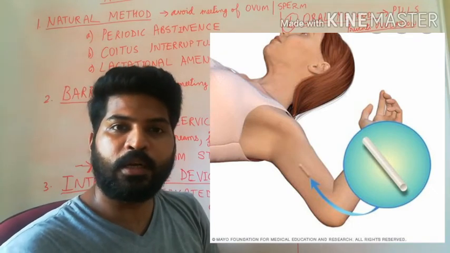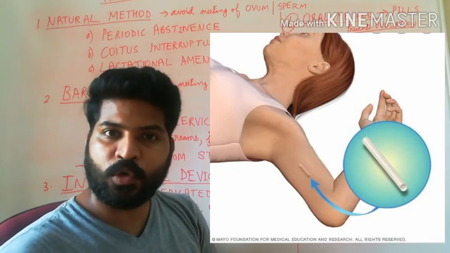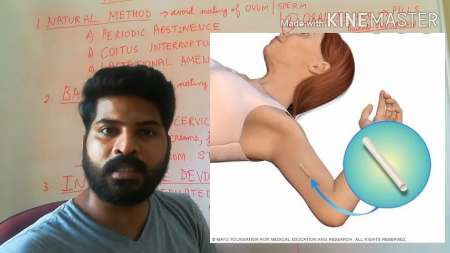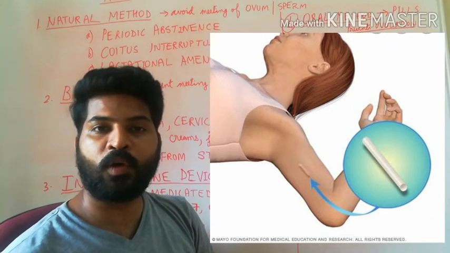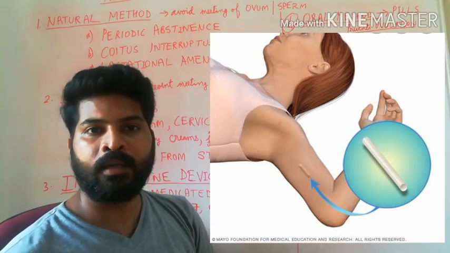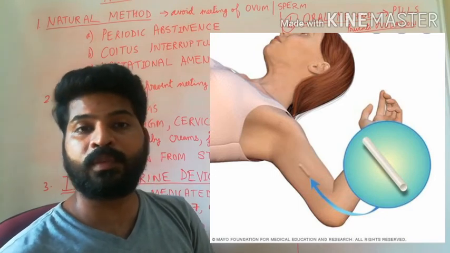This plastic tube, it will release the hormone estrogen or estrogen plus progesterone in small doses regularly. They are known to have a lifespan of around 3 years. Means once implanted, it will work immediately, for a period of 3 years.